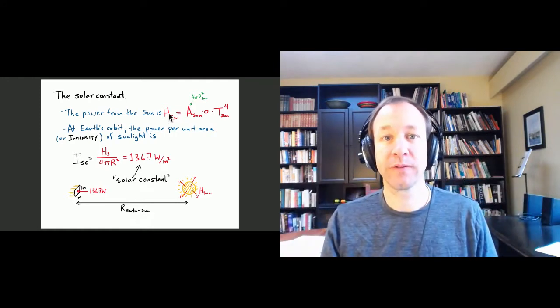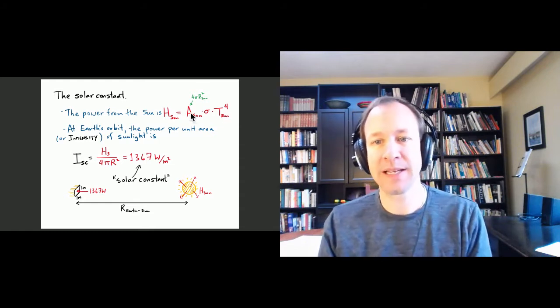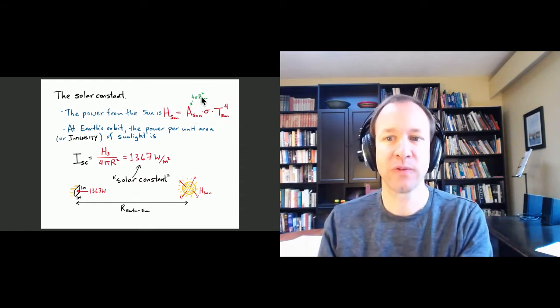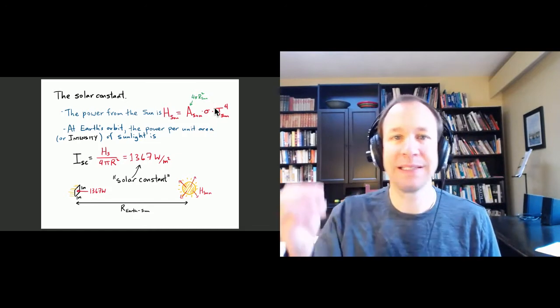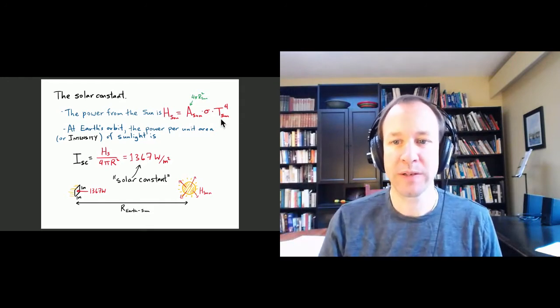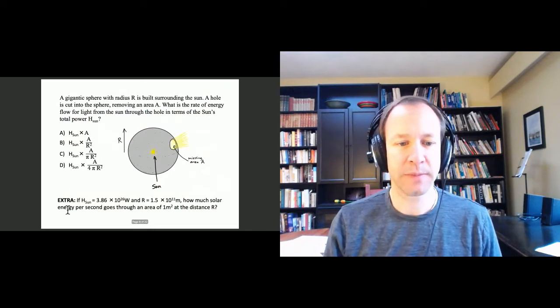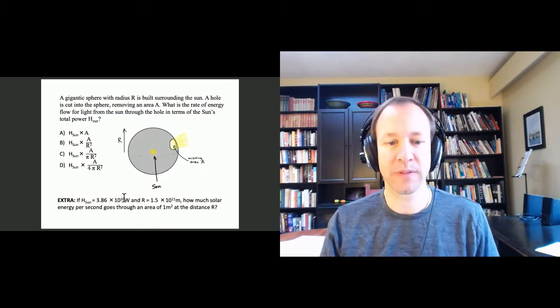So if we wanted to, we could actually look at starting from the temperature of the sun and the area of the sun, which is 4 pi times the radius of the sun squared, using that the emissivity of the sun is very close to 1. We would just plug in those values in this result, and that's where the H sun equals 3.86 times 10 to the 26 watts comes from.